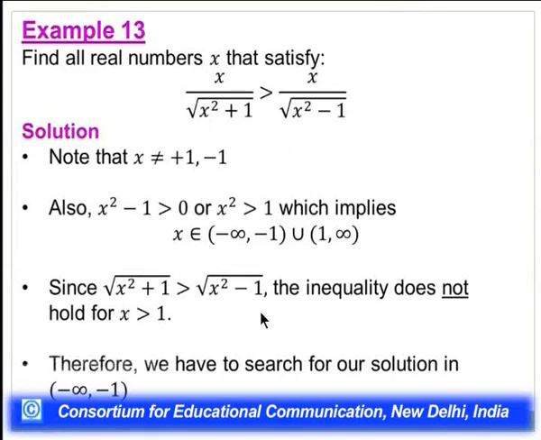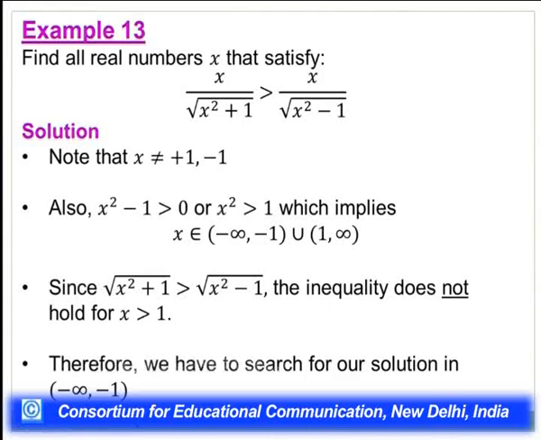So because square root of x square plus 1 is greater than the square root of x square minus 1, this particular inequality does not hold for x greater than 1. Which means that in this particular set of intervals, minus infinity to minus 1, union 1 to infinity, we are going to look for our solution only in the interval minus infinity to minus 1.